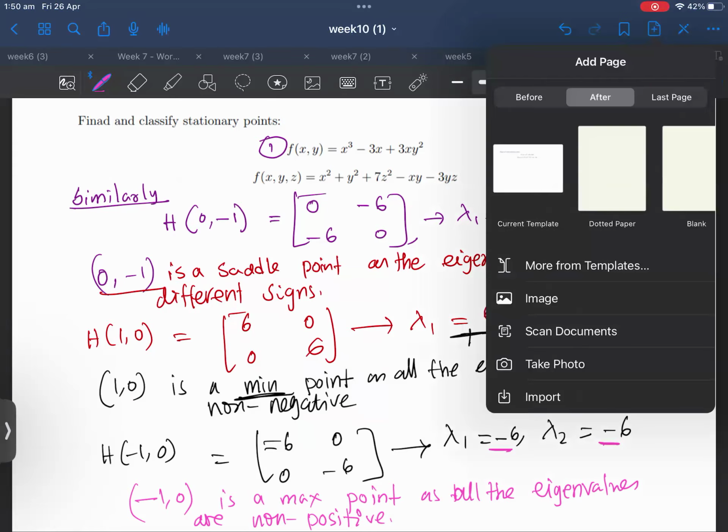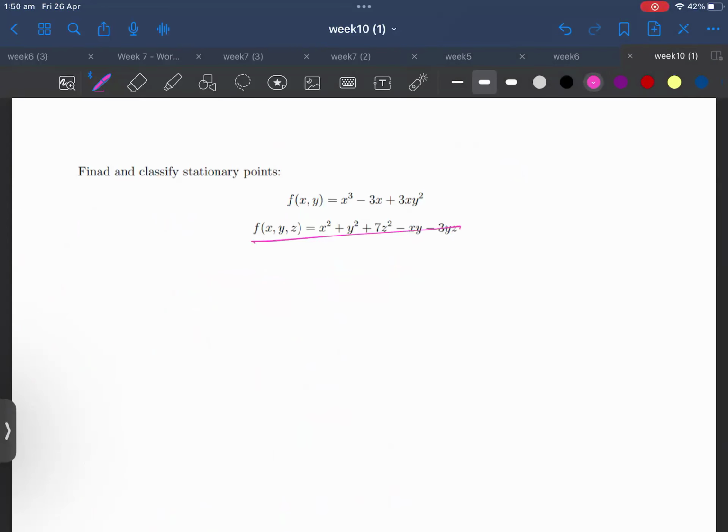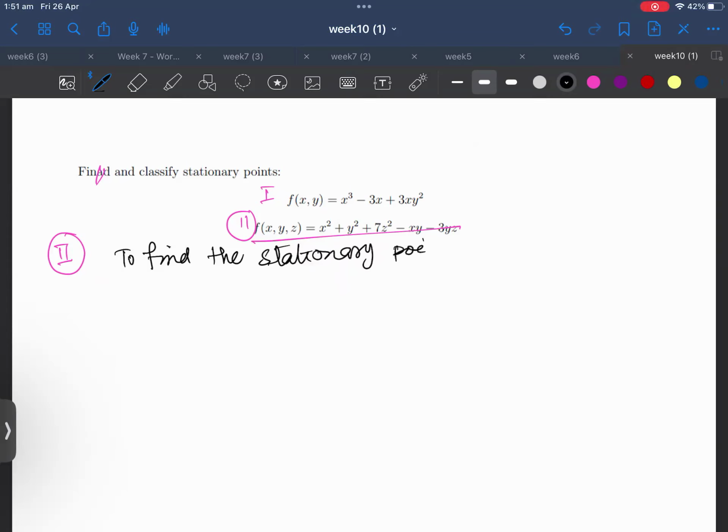Now we'll solve this one. So number 2, here's a 1, here's a 2. This one, to find the stationary point, you need to put fx, fy, fz equal to 0.